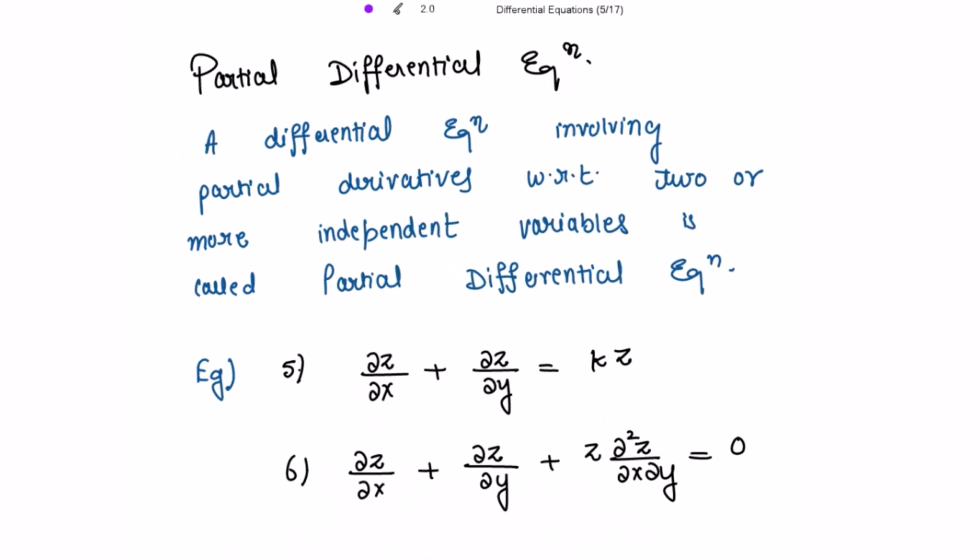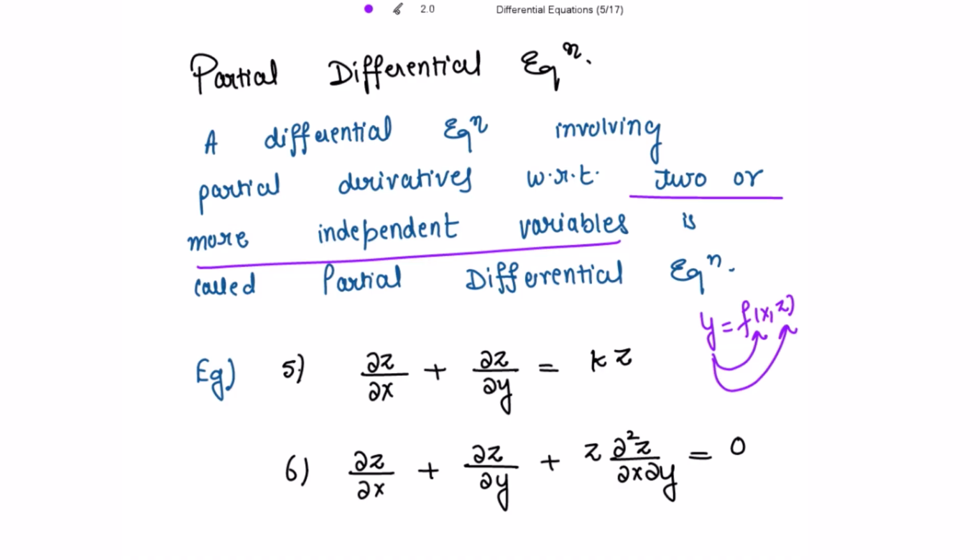Let's move on to the partial differential equation. A differential equation involving partial derivatives with respect to two or more independent variables is called a partial differential equation. As I explained, if z is a function of both x and y, two variables, we can differentiate it with respect to x and also with respect to y partially.